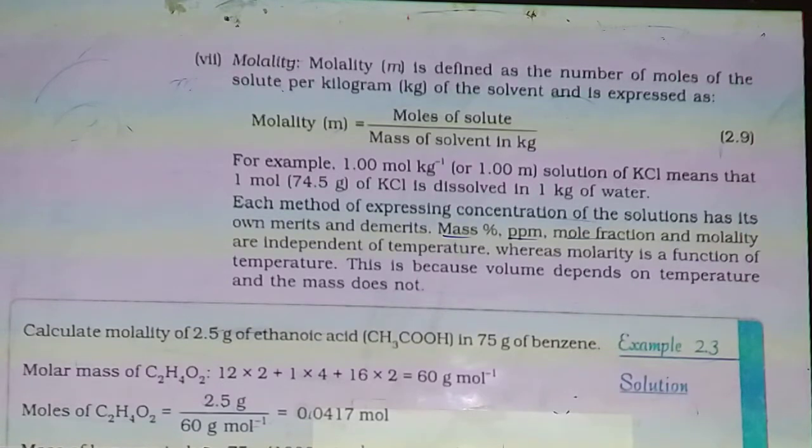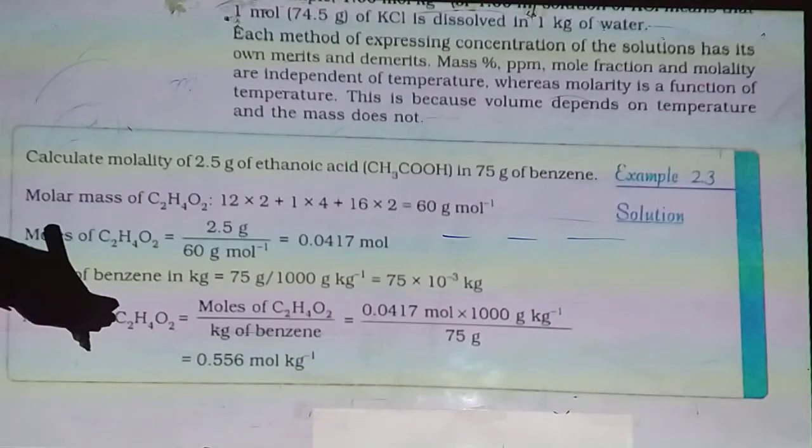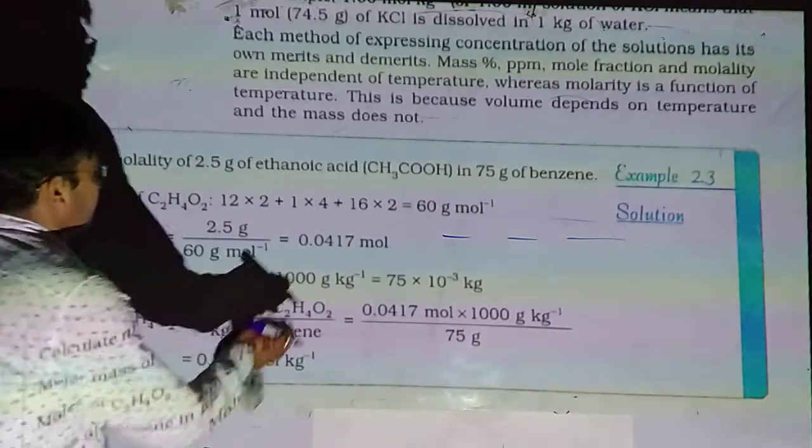In the formula there is no volume used. It's not depending upon volume. So mass and mole never change with temperature. Whereas molarity and normality depend upon temperature. We discussed, in molarity and normality, volume comes in our formula.